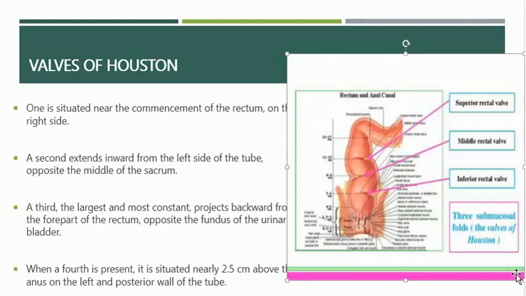When a 4th is present, it is situated about 2.5 centimeters above the anal verge on the left and posterior wall of the tube. So these are the valves of Houston.